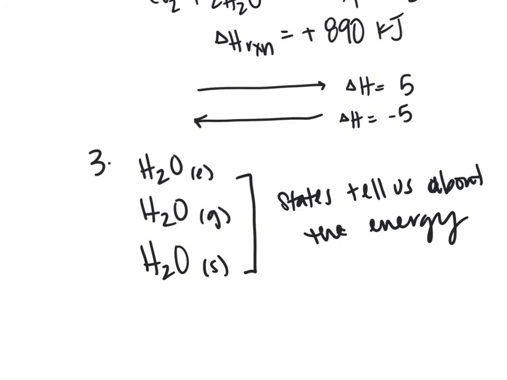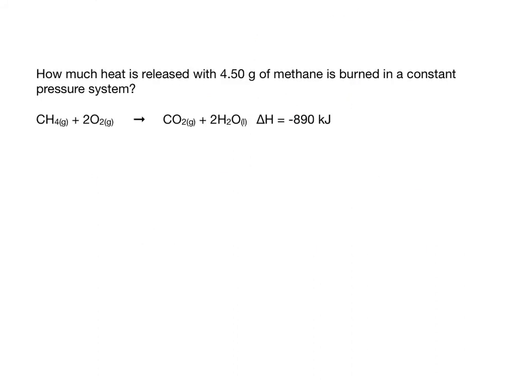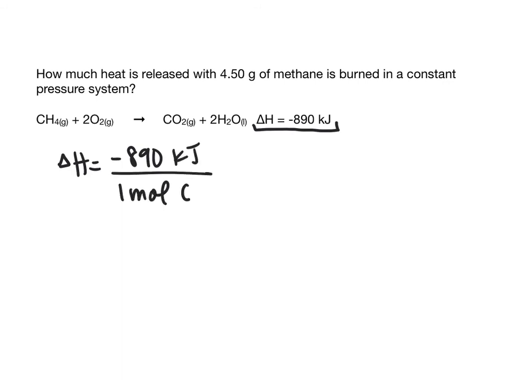So let's think about what this means in terms of this reaction. How much heat is released with 4.50 grams of methane burned in a constant pressure system? So we have delta H reaction here, and it equals negative 890 kilojoules. Now, there is no denominator on this value, but it turns out that delta H equals negative 890 kilojoules per 1 mole of CH4.